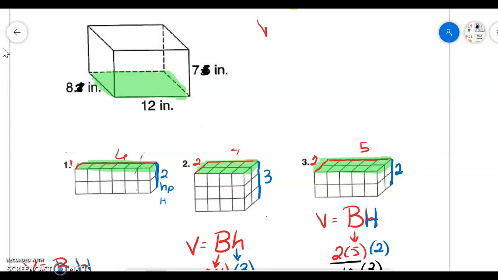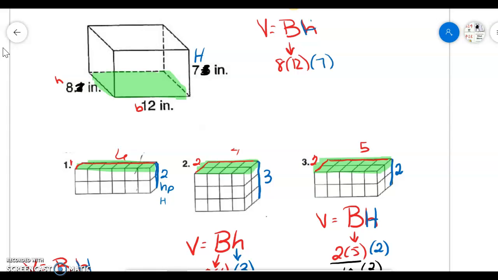I'm going to write my formula, always writing our formula just like we did with area. So I have my base and my height on my base shape, and then I have my height of my prism. So I can come over here and say big B is 8 times 12. Height of my prism is 7.